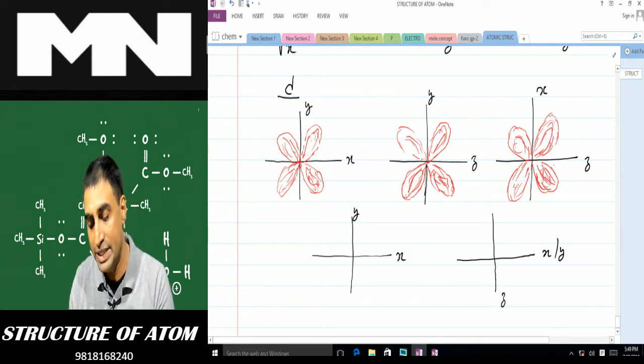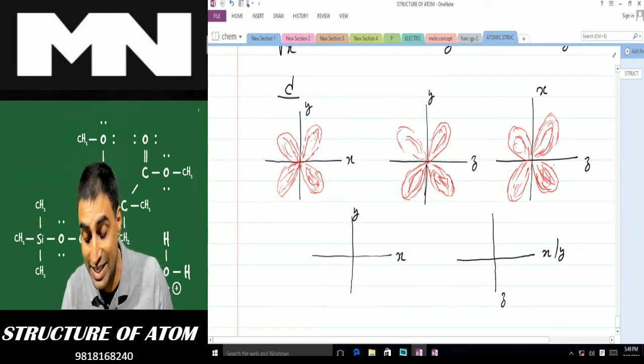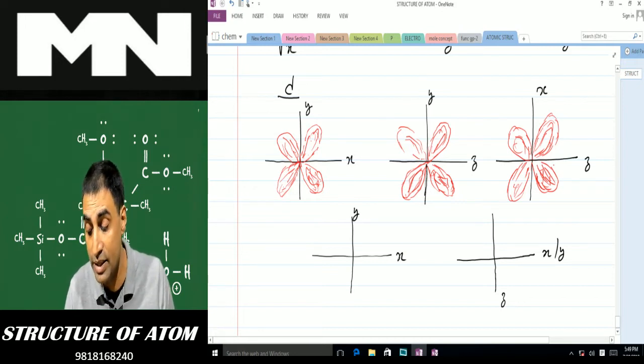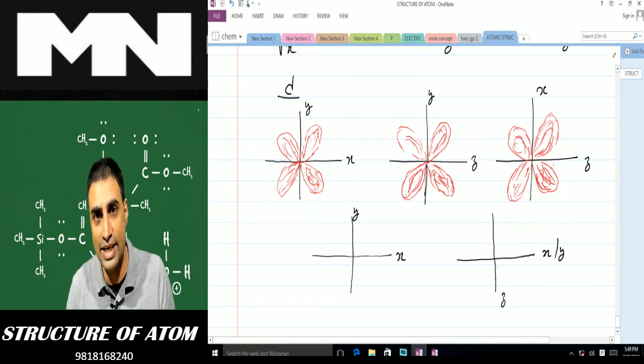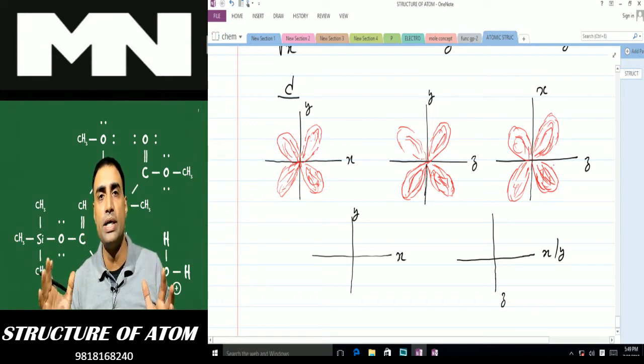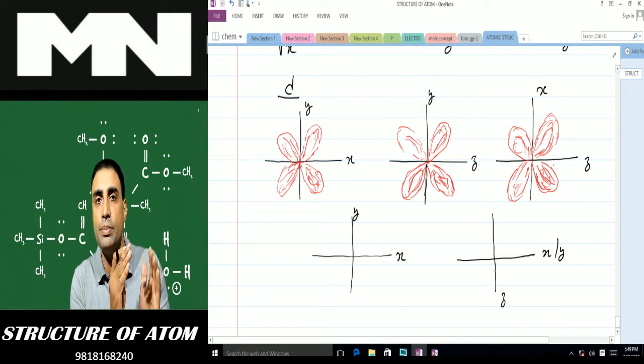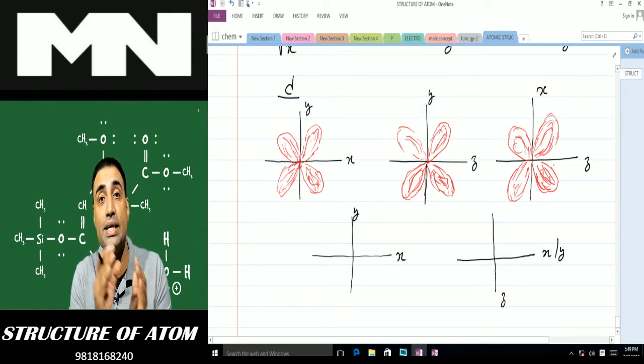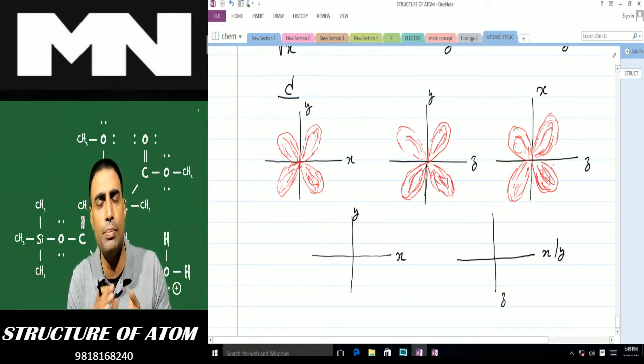So the first one is dxy because it is in xy plane. The second one is dyz because it is in yz plane. The third one is dzx because it is in zx plane. So out of 5 orientations, 3 orientations are in the interaxial planes, in between x and y, y and z, z and x.